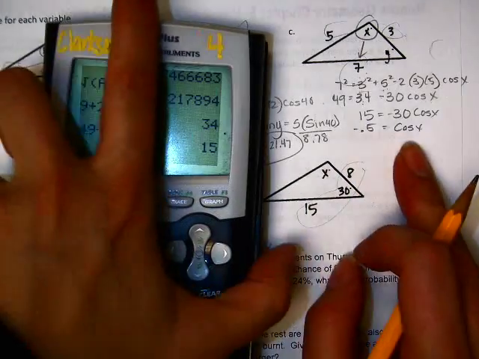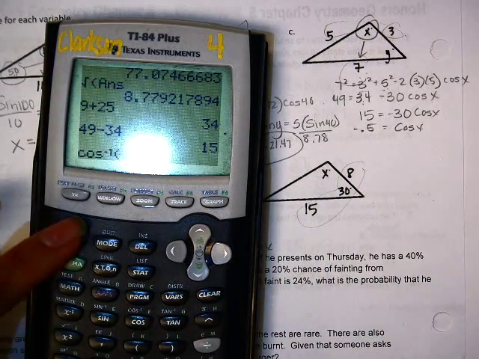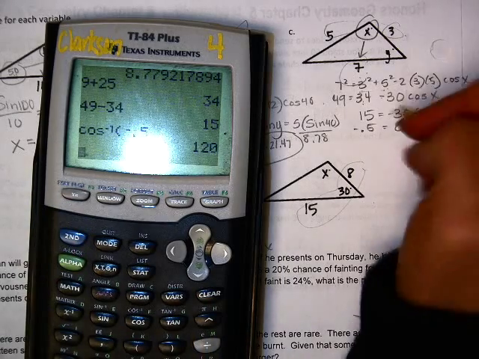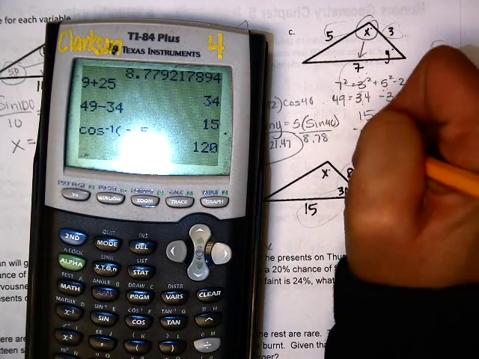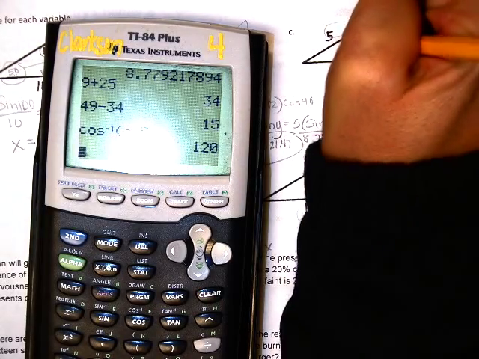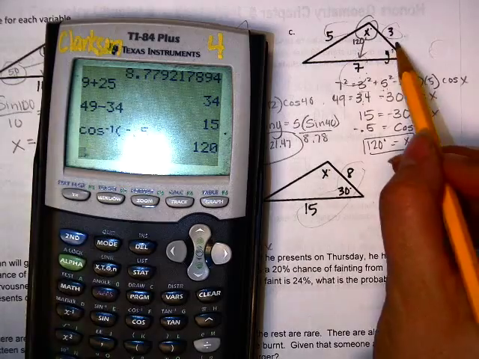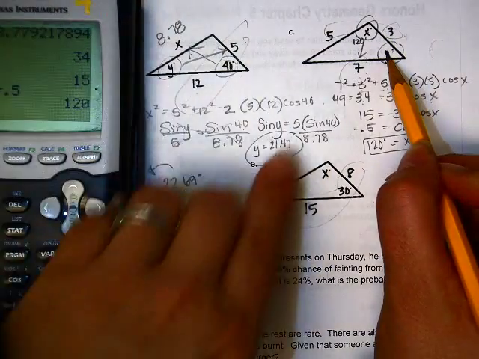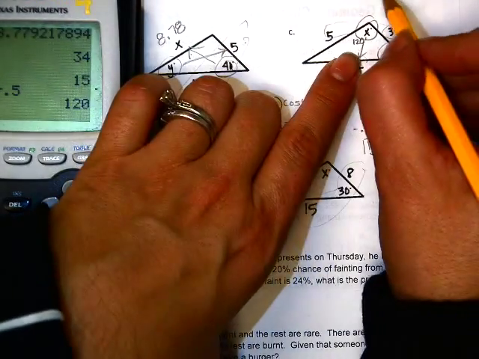And then I'm going to plug in the inverse cosine. So inverse cosine of negative 0.5 gives me 120 degrees. Once I have that, I never have to use it again. I'm going to go ahead and set up law of sines here.